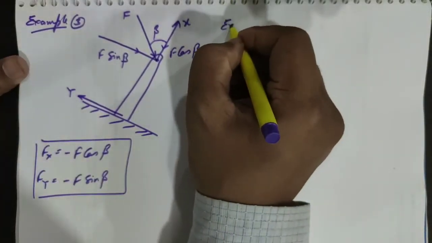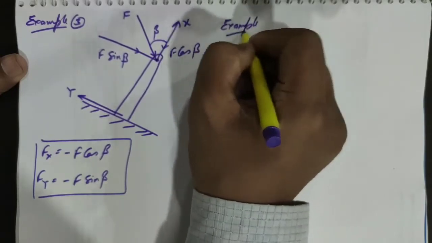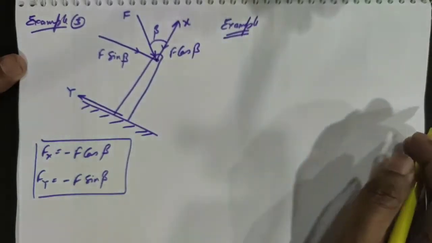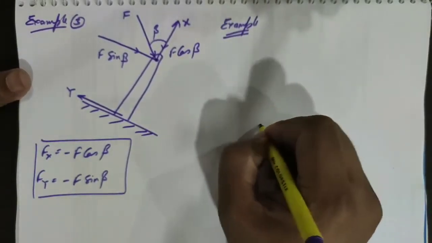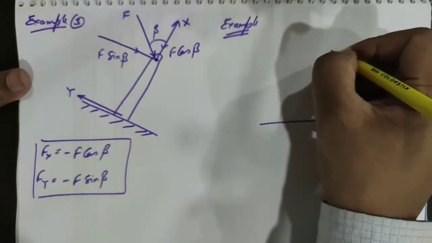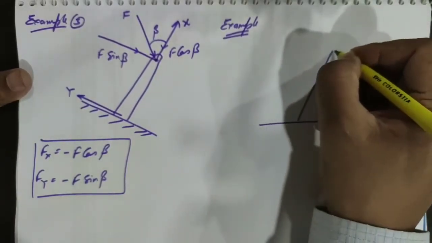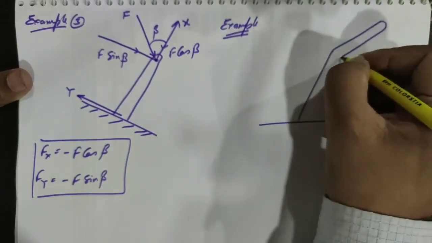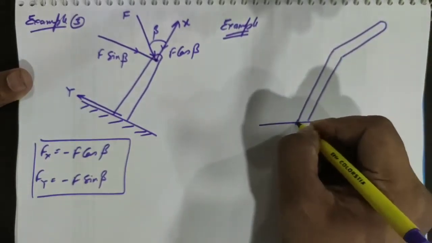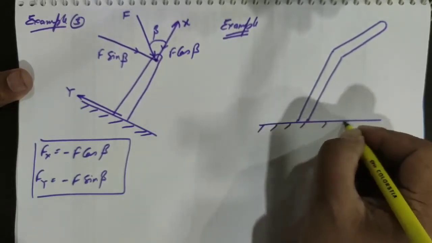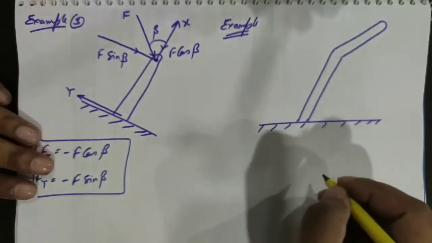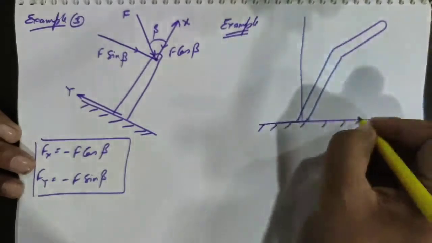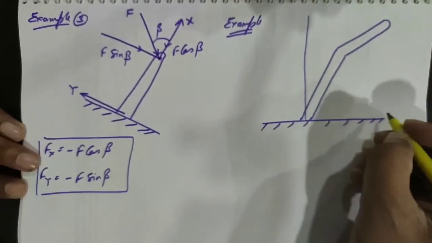Example 4. Here we have a component like this, with a vertical axis like this and a horizontal axis like this.